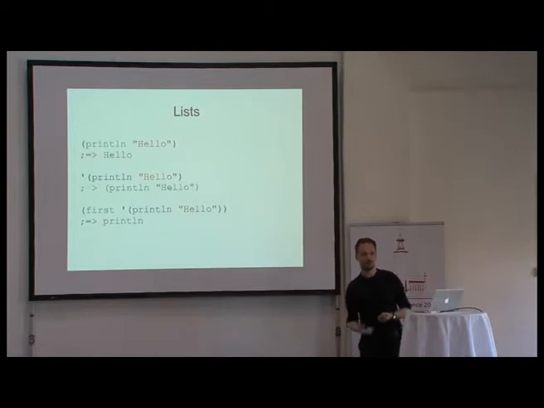This is actually one of the side effect functions, so it also returns nil. But you can quote them with a single quote, and then you can access this list as a regular data structure, and for instance, take the first item of it like that. Notice that Clojure calls first and not car, so you don't have that problem in Clojure.